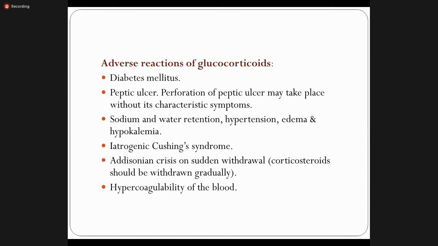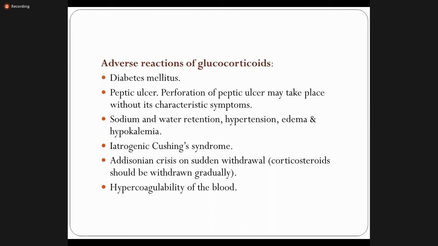Because glucocorticoids produce a hyperglycemic state or increase blood sugar level due to the process of glycogenolysis or gluconeogenesis. Peptic ulcer. If a patient has a history of it, there is a chance of perforation of peptic ulcer, right? Perforation of peptic ulcer may take place without its characteristic symptoms.